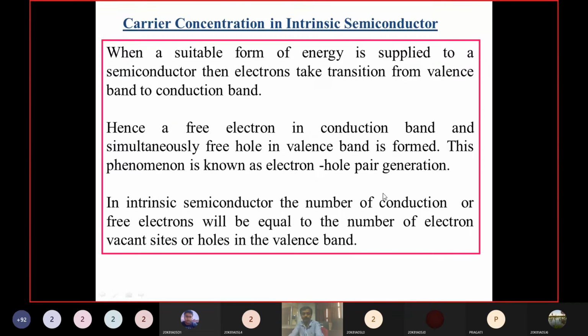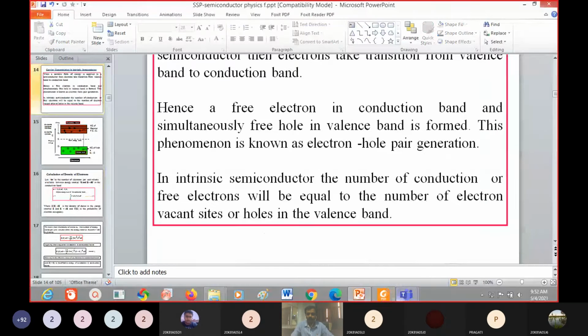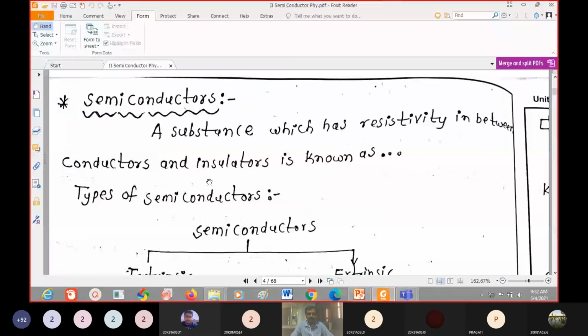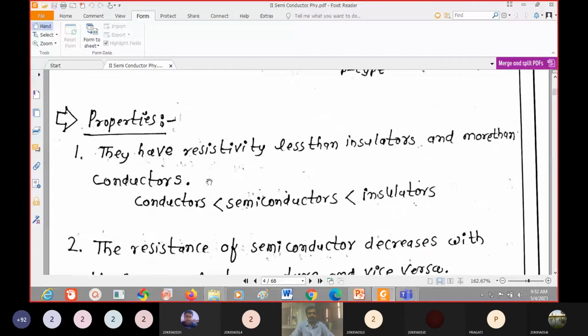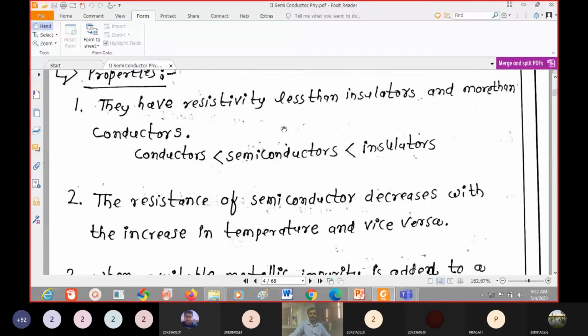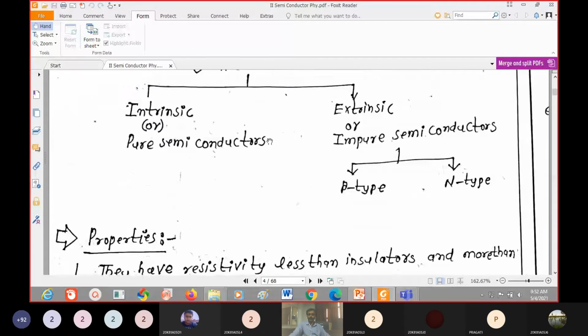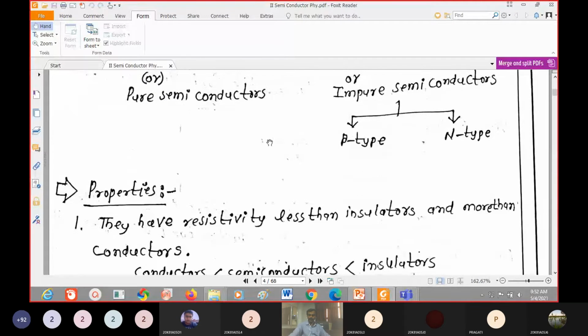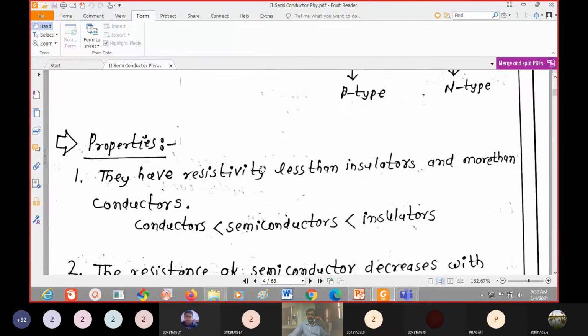Briefly we will discuss the semiconductors, and I will explain some properties of them. What are the properties of intrinsic semiconductors? They have resistivity, that is, conductivity. Resistivity is inversely proportional to conductivity.